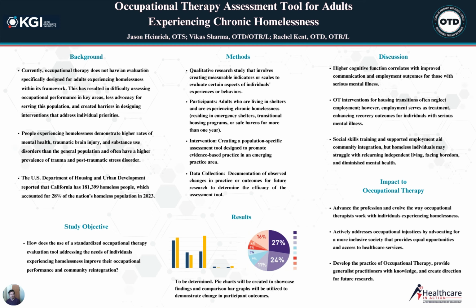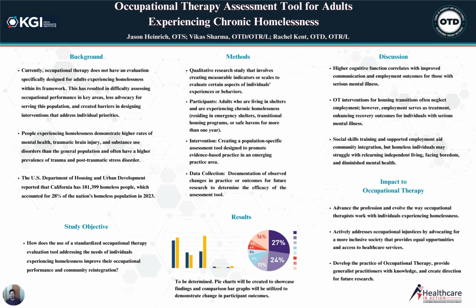My intervention will be creating a population-specific assessment tool designed to promote evidence-based practice in this emerging area. In my data collection, I will document observed changes in practice and the outcomes, hopefully for future research to determine the efficacy of this assessment tool later on.